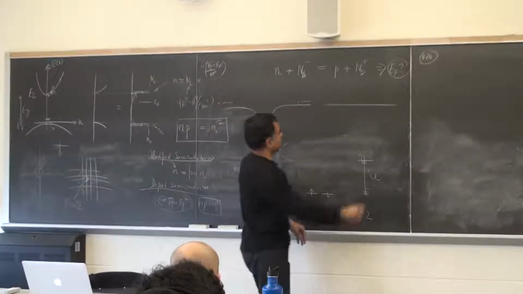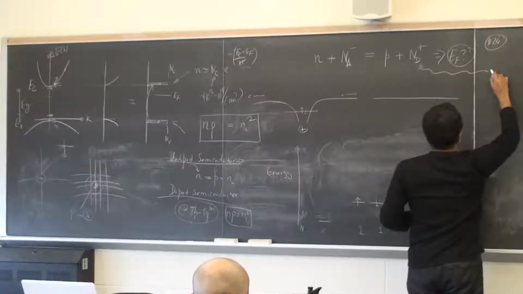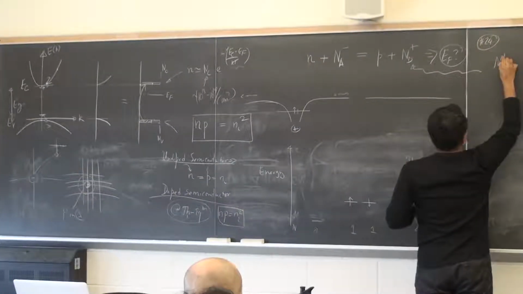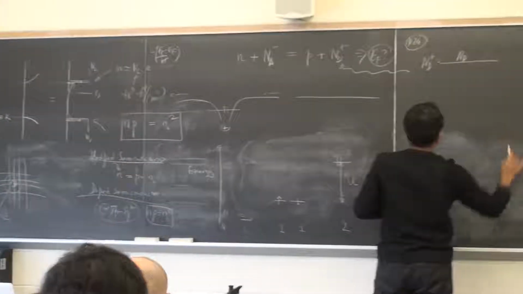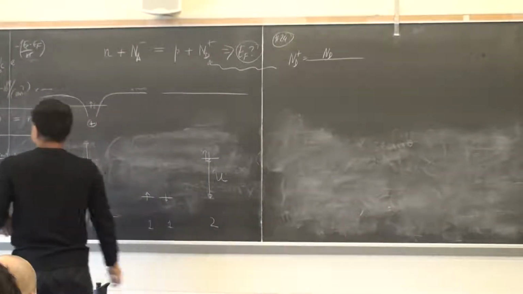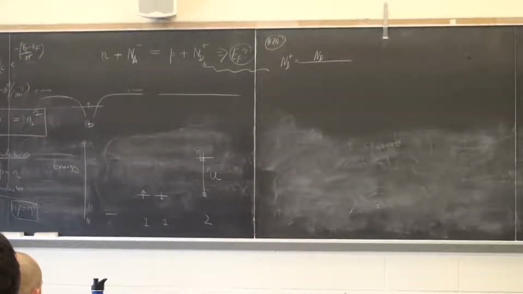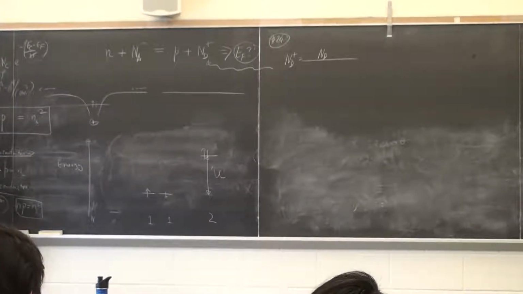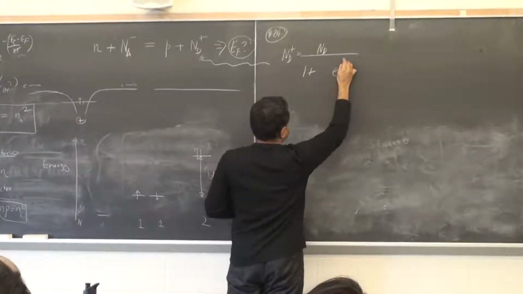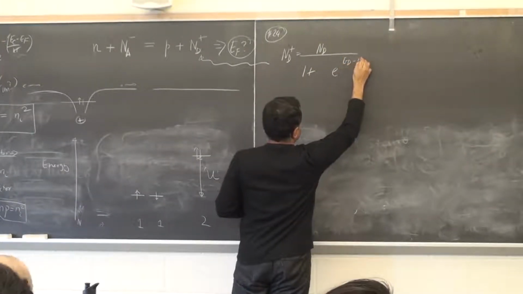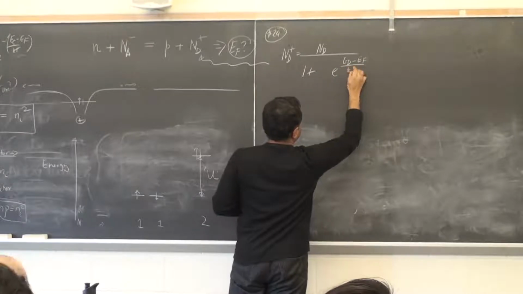But once you do this business, what you get is the total donor ionized state is equal to the donor density, the chemical density of donors. How many atoms are there in the crystal per unit volume? Maybe 10 to the power 17 per centimeter cube, whichever it be, divided by 1 plus e to the power the donor ionization energy minus the Fermi level over kT.